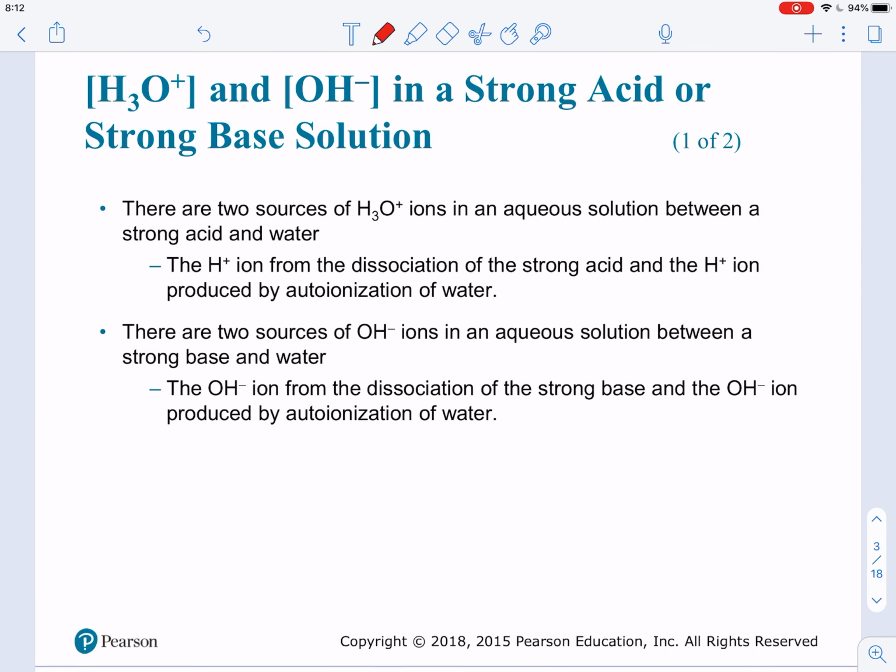Now, when you have strong acids or strong bases, remember they are completely ionized. Therefore, whenever you add this acid or this base, the concentration of H+ that you're going to have in that solution is going to be equal to the concentration of acid that you are adding. So let's say if you have HCl and you prepare HCl 1 molar, then that means that the concentration of H3O+ is 1 molar. Okay, why?